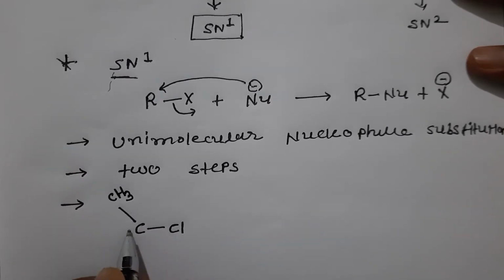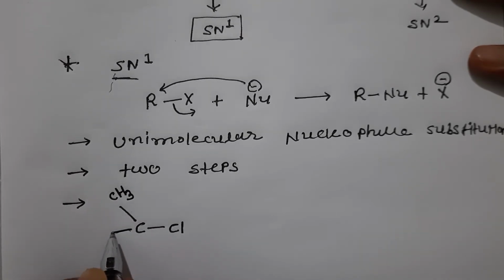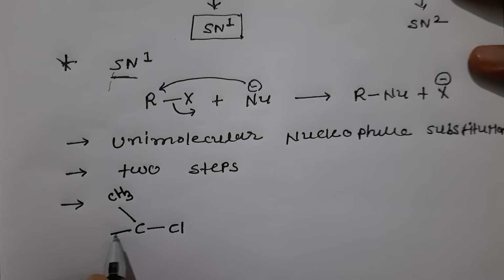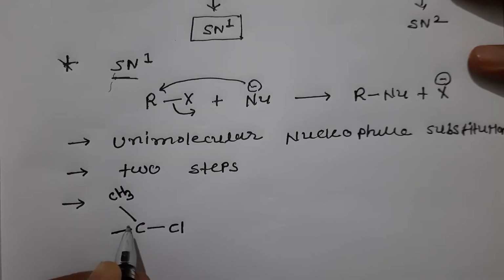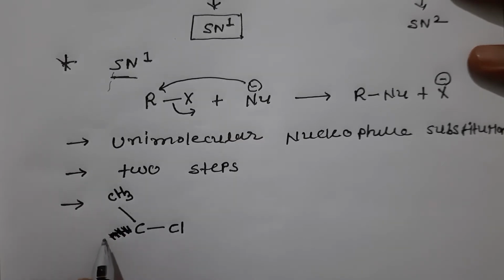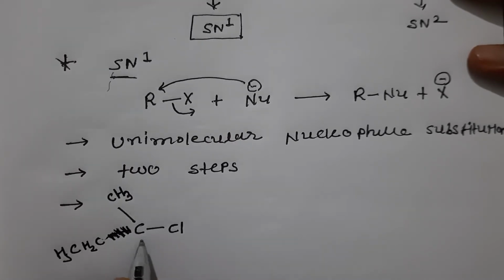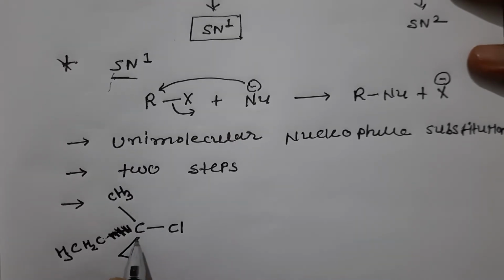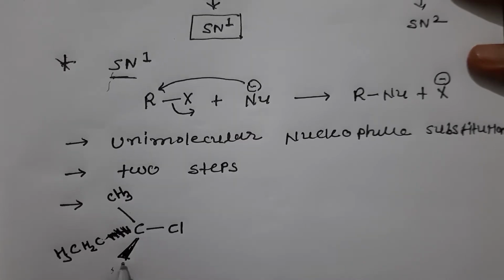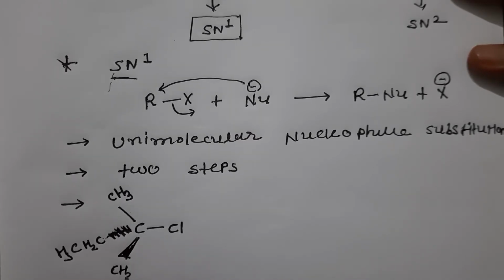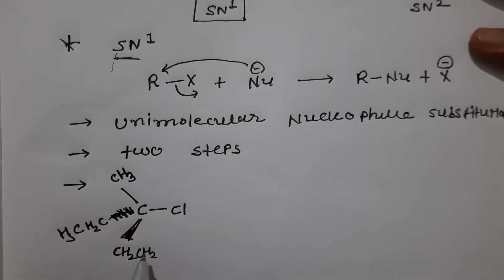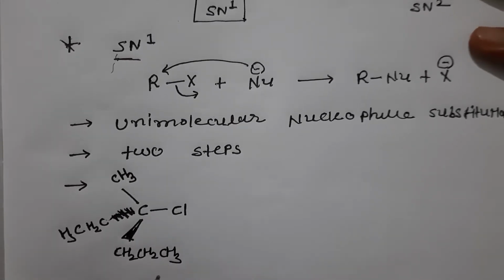Suppose we take a methyl group here, and this is the tetrahedral geometry. Suppose one group is on the dash position, that means below the plane of the paper, so we can put a CH2CH3 group, and one group is above the plane of the paper, so we take another group, propyl group, CH2CH2CH3.